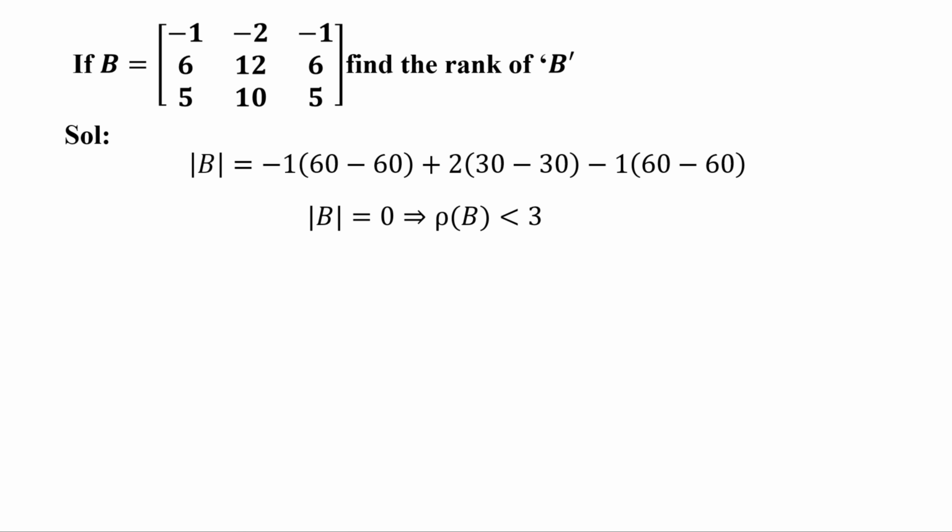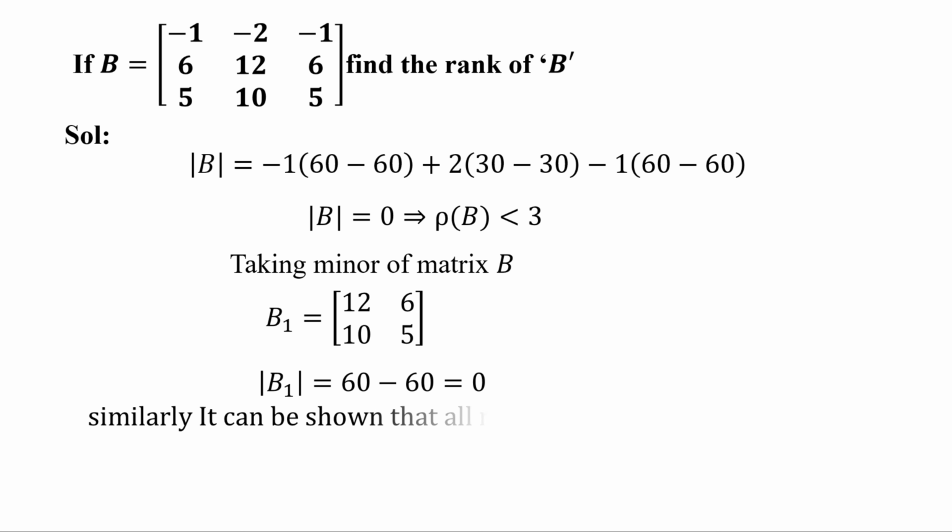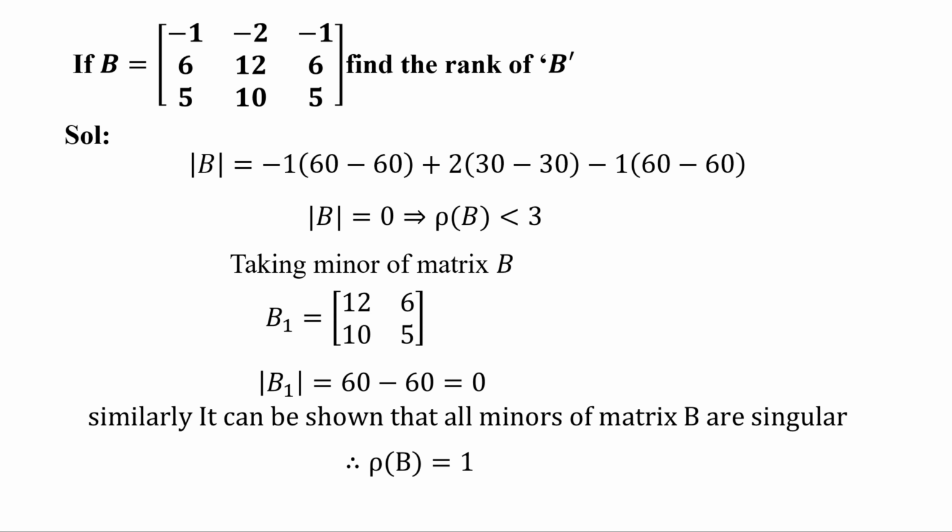Let's consider a random 2 by 2 minor for matrix B. We call it B1. You get 60 minus 60 is equal to 0. You can check that for whatever possible combination of 2 by 2 minors of matrix B, for all the minors you get the determinant of the minors as 0. So that means rank of matrix B will be equal to 1.